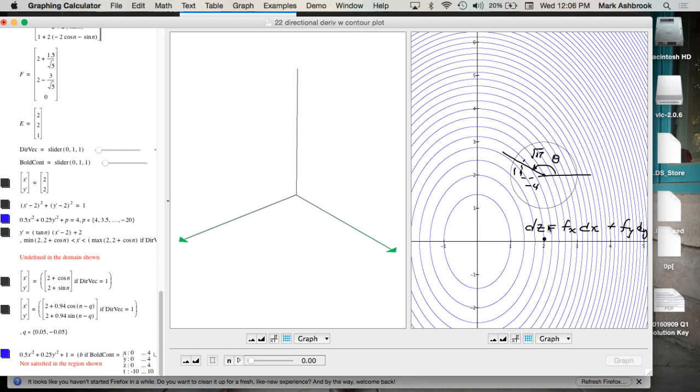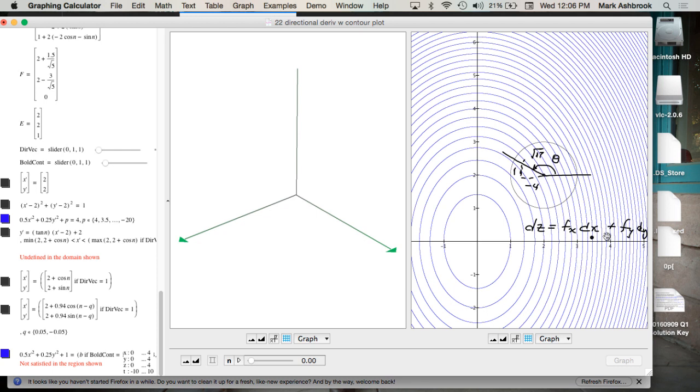So if we wanted not just the change in z, but the change in z for a change of 1, that would be the rate of change in that direction, right? So if we were to make that change in that direction 1 unit, then the resulting change in z would be the rate of change in that direction. Does that make sense?